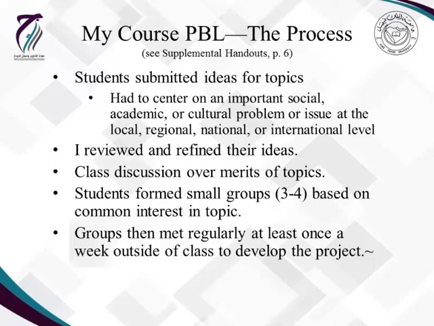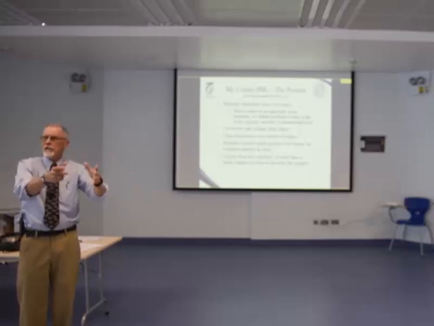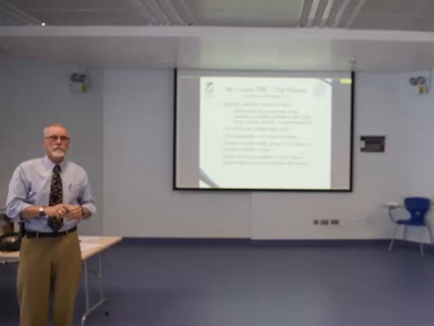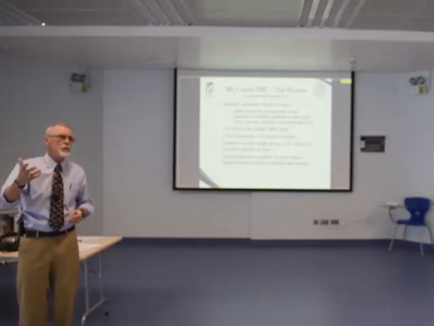And then I take all those topics and I throw some of them out because they're really bad ideas. Then I come up with a list, usually of 8 to 12. And I pass those out, and I say to the students, here are the ideas that I thought would work really well this semester for this class. And I let them look at them and think about them. I usually give them 2 or 3 days.